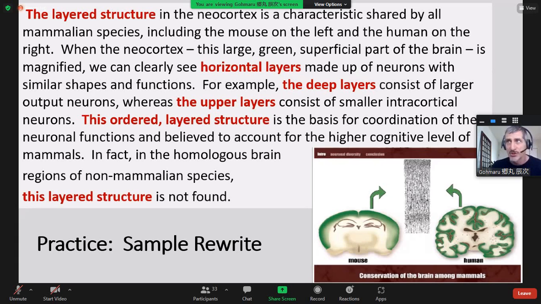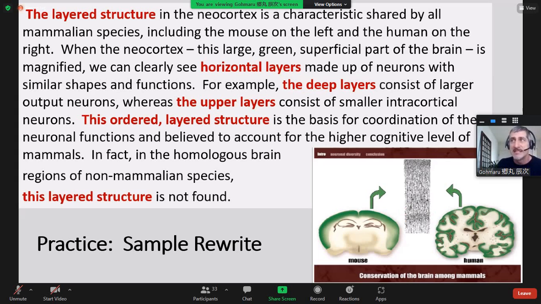The layered structure in the neocortex is a characteristic shared by all mammalian species, including the mouse on the left and the human on the right. When the neocortex, this large green superficial part of the brain, is magnified, we can clearly see horizontal layers made up of neurons with similar shapes and functions.